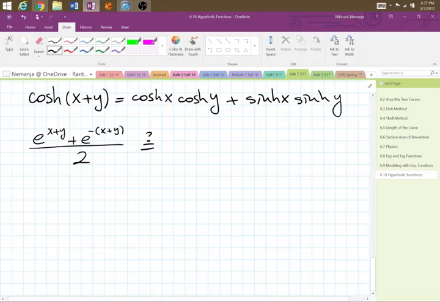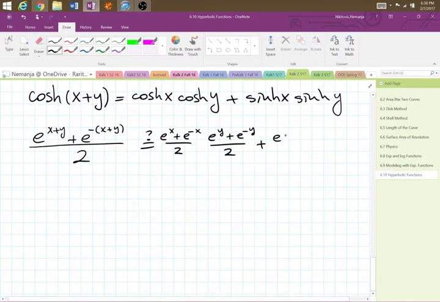And on the right-hand side, we're going to have a heart attack. e to the x plus e to the minus x over 2 times e to the y plus e to the minus y over 2, plus e to the x minus e to the minus x over 2 times e to the y minus e to the minus y over 2. Perfect. Is the stream going? Yeah, okay, good.